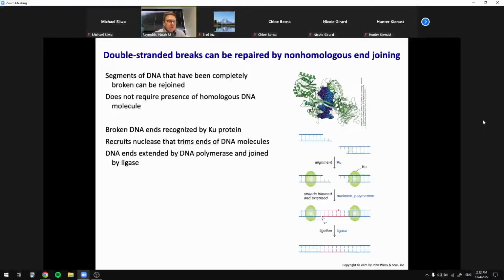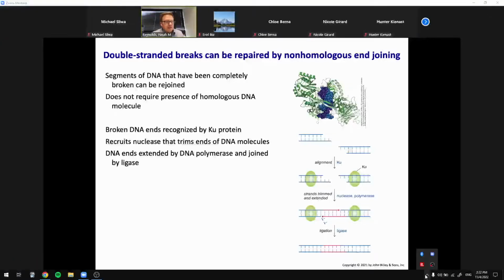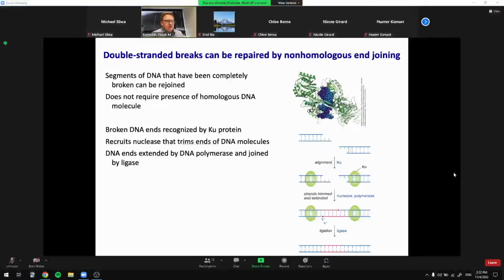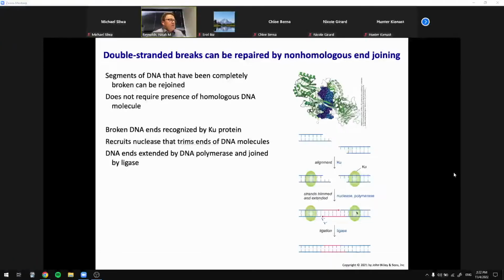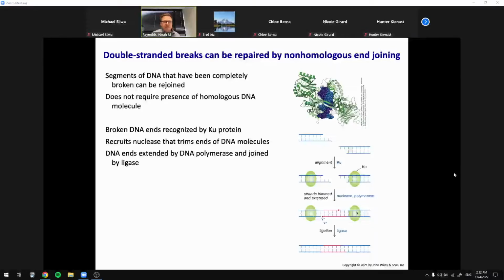And so over time, what would happen is all of our chromosomes would just be joined together. And so we need this mechanism, but we also need our chromosomes to not all be hooked together. And so this T-loop structure, stabilized by shelterin, protects the ends of our chromosomes from having them hooked together by non-homologous end joining. Does that make sense?